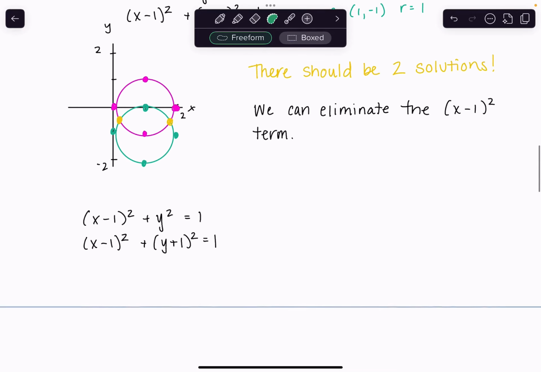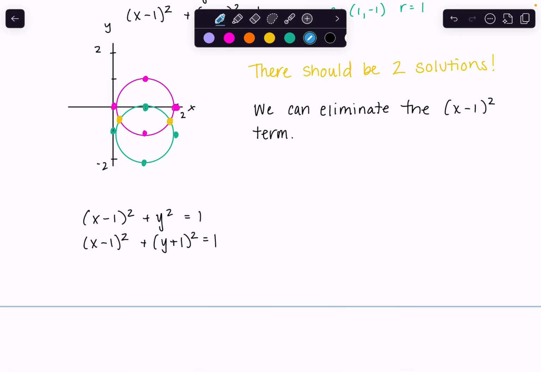If I want to eliminate, I need the same thing but the opposite sign. So I'm going to go ahead and just take this top equation and times it by -1. And in doing so, that gives me negative x minus 1 squared minus y squared equals -1.